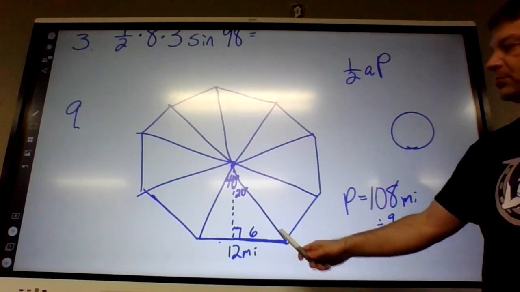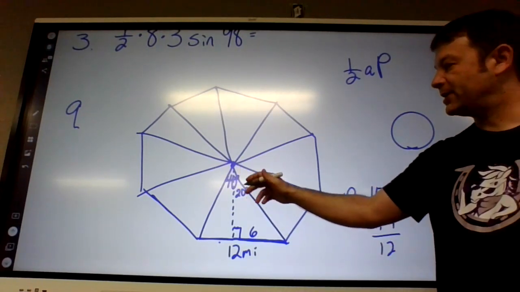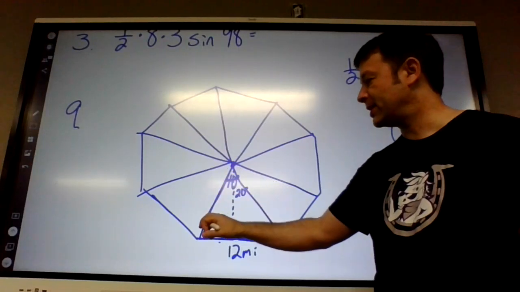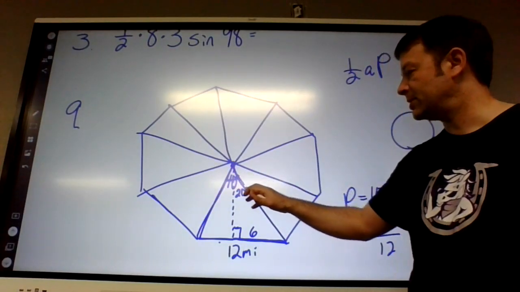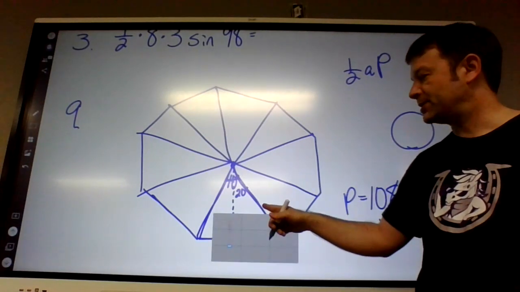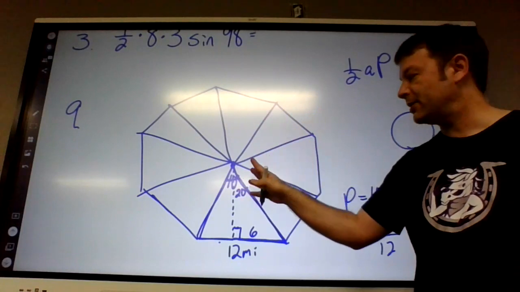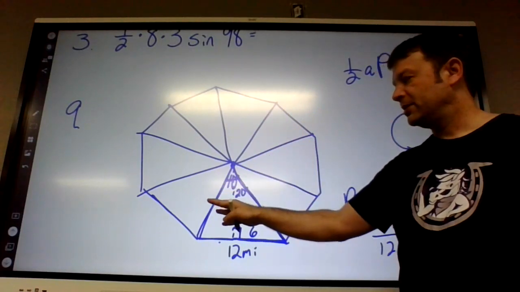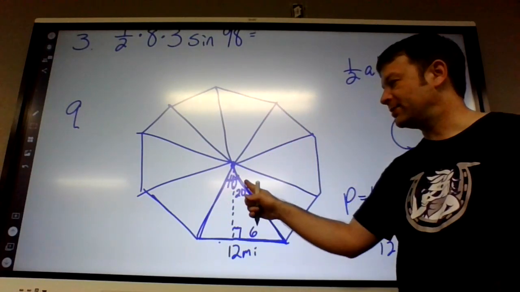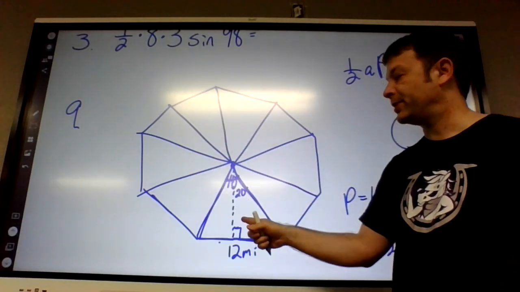Okay. Because I have an angle, if I can just find these two sides, which by the way they're going to be the same, right? If I can find one of these sides, then I'll have side angle side, and I can find the area of this triangle. Once I get the area of this triangle, I do it times 9 to get the area of the whole thing.